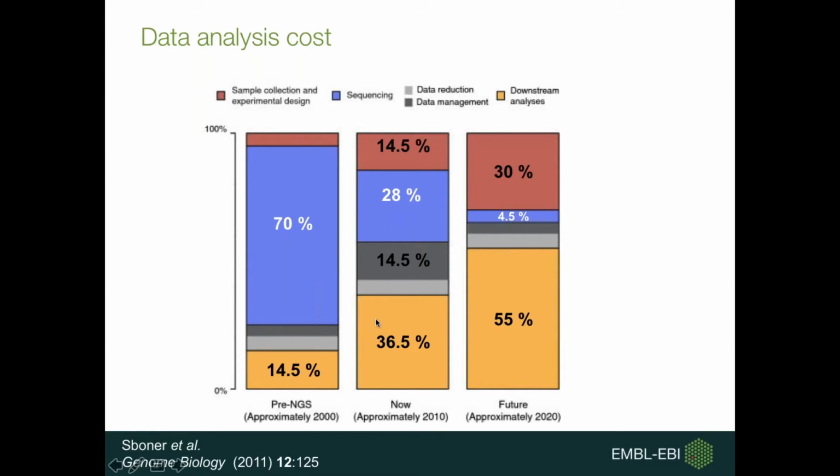By about the time the paper was published, 2010-ish, that was split 50-50 between the sequencing and the downstream analyses. And extrapolating further into the future, 2020, they said the lion's share of the cost is going to be doing the analysis itself. It's not the sequencing, it's working out what all these sequences do.